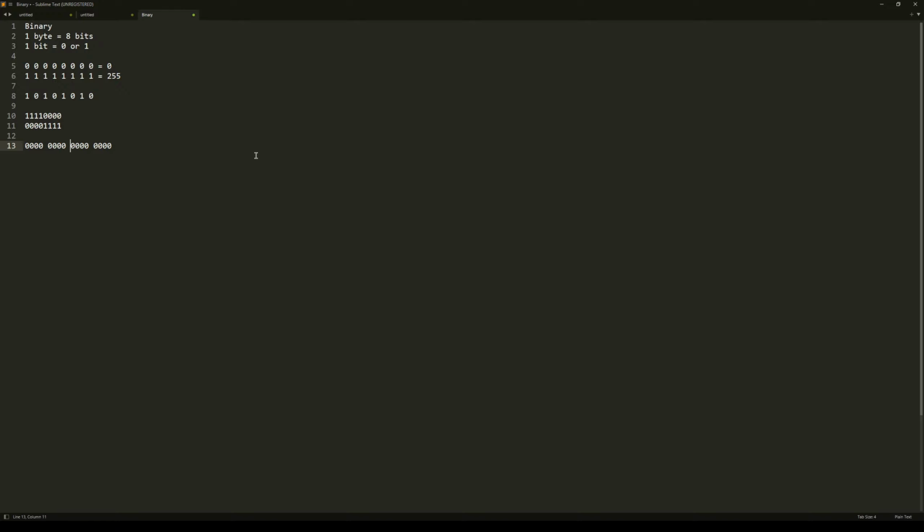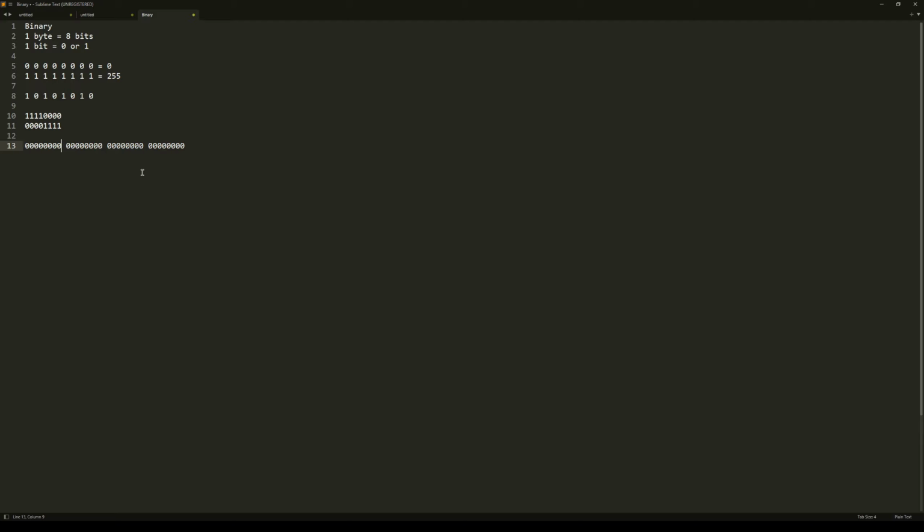So you'd have 8 by 8. This is going to be a very large number, of course, and then of course you can have 3 bytes, which would be 3 of 8, and then you could have 4 bytes, and so on and so forth. And these obviously are going to be much bigger numbers.